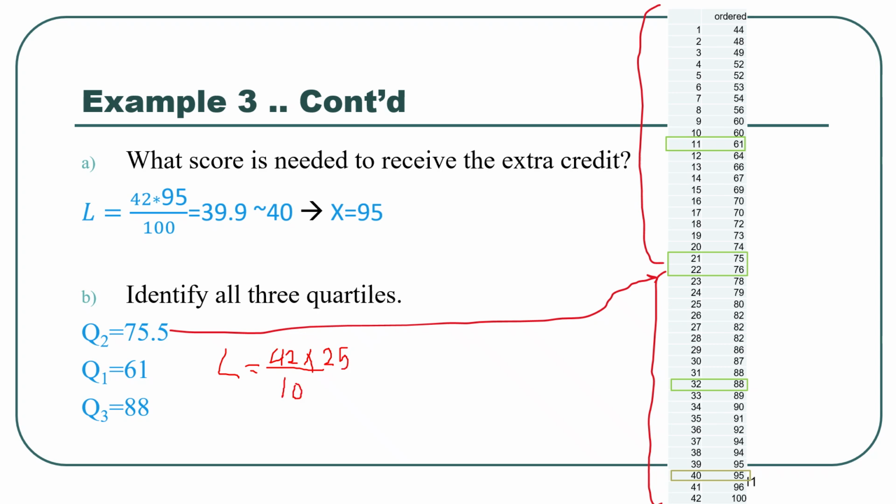I'm again calculating the Q1 using the L location rule, and this should give me 10.5. So 10.5, it's not a whole number. I'm gonna raise it up. It's gonna give me 11, and this is again what we have here. So this is the same 11 here. So my Q1 would be 61.